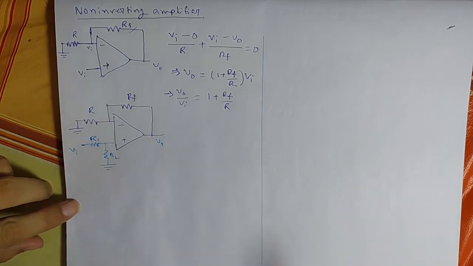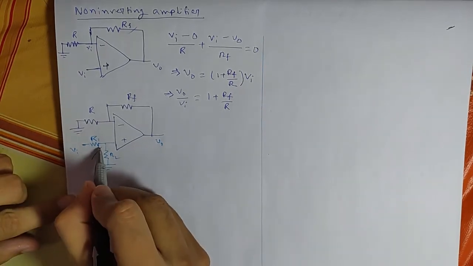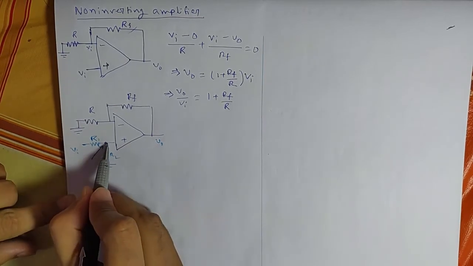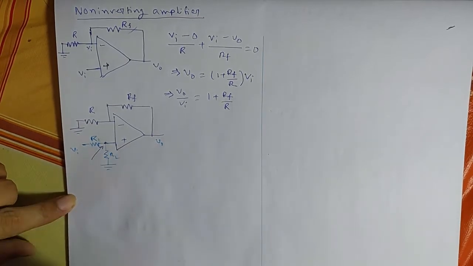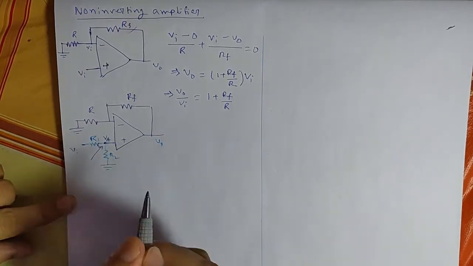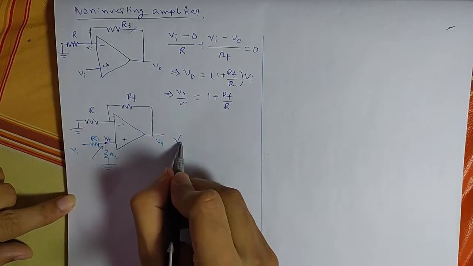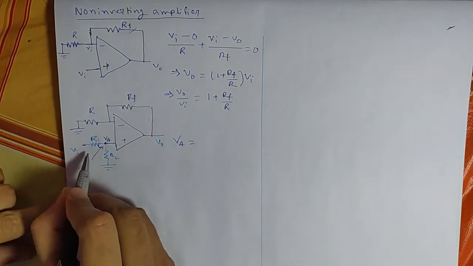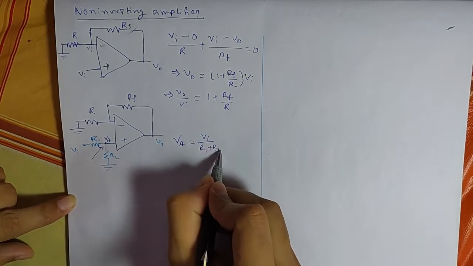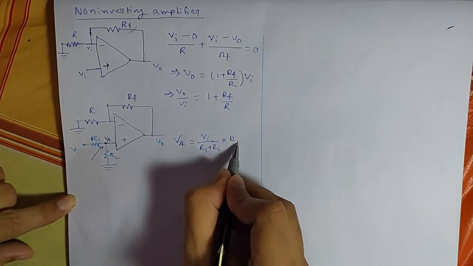First we need to determine the voltage at this node. It is a simple voltage divider, and there will be no input current into the op-amp. So the voltage at this point may be Va, so Va will be Vi by (R1 plus R2) into R2.